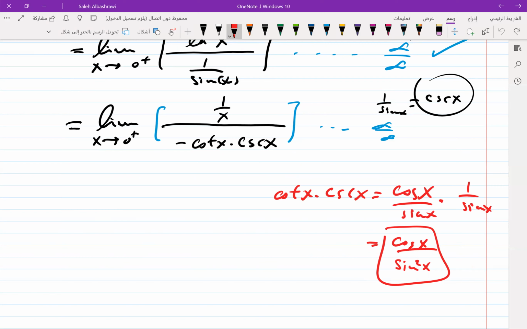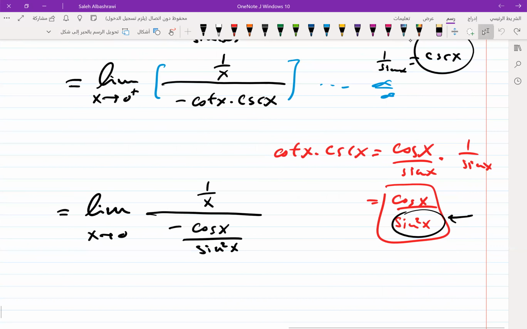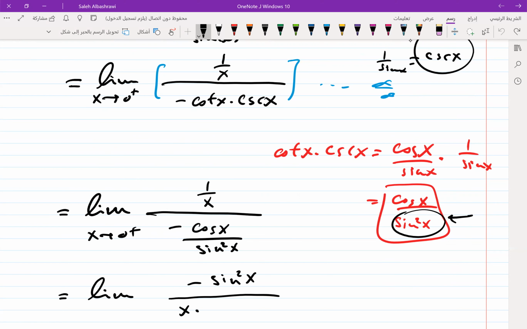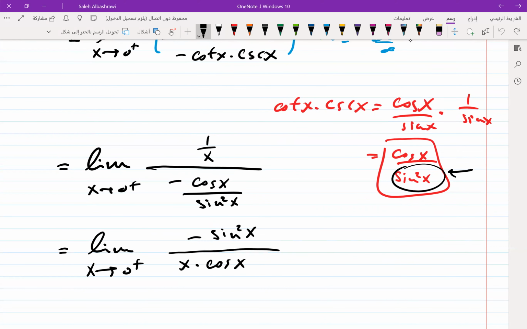So this one will be written as the limit, in two steps, of 1 over x divided by minus cosine over sine squared, which is equal to the limit of minus sine squared up over x multiplied by cosine x, as x goes to 0 plus.